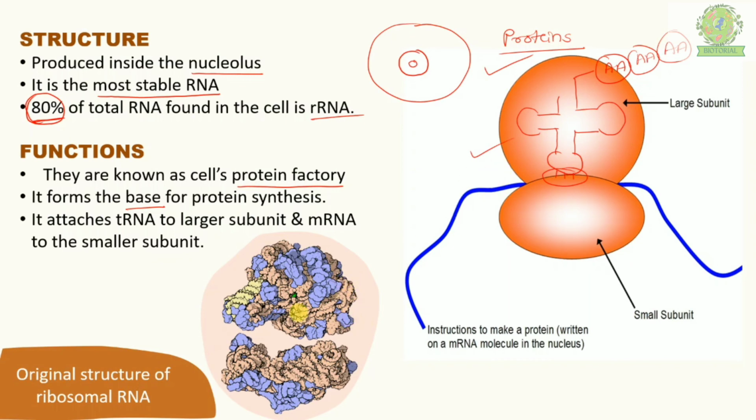Right now you can see that this is the actual structure of the ribosomal RNA. This is the larger subunit, and this is the smaller subunit. Here the mRNA is going to be attached, and here the tRNA comes and gets attached along with its anticodon arm. So this is the original structure of the ribosome.